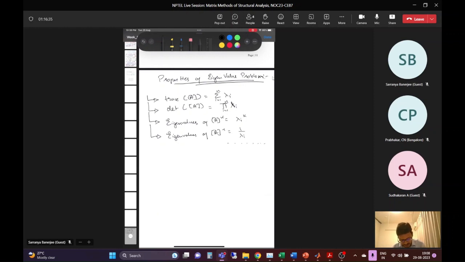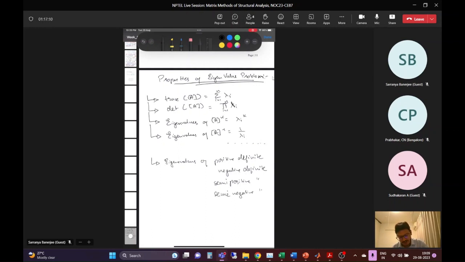The most important property, for which our whole discussion started, is about the eigenvalues of positive definite, negative definite, semi positive definite, and semi negative definite matrices.